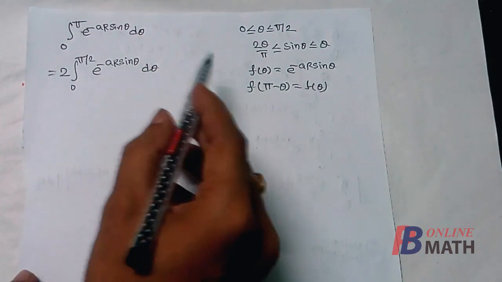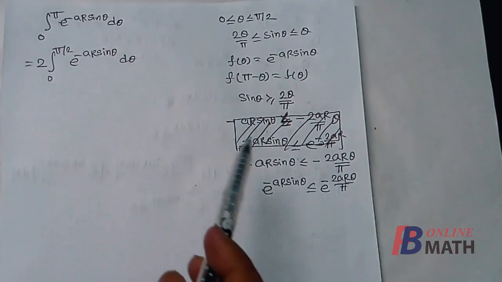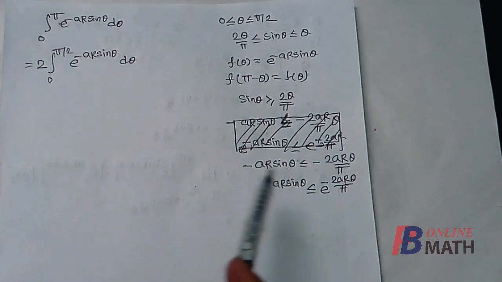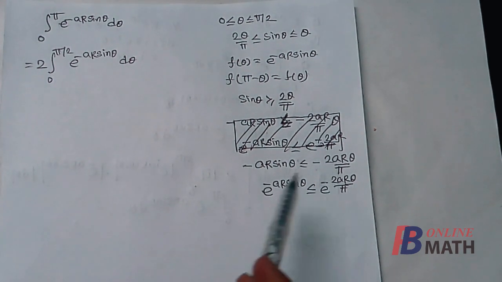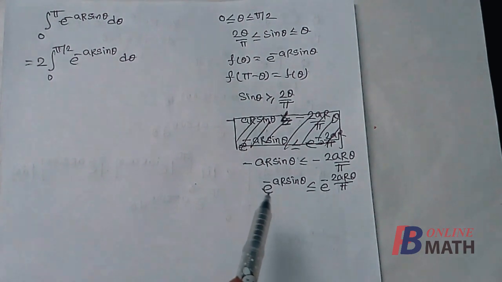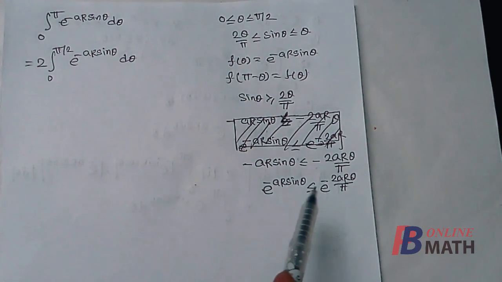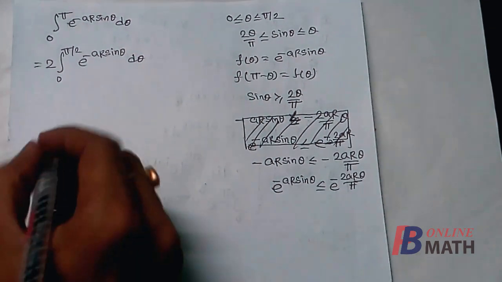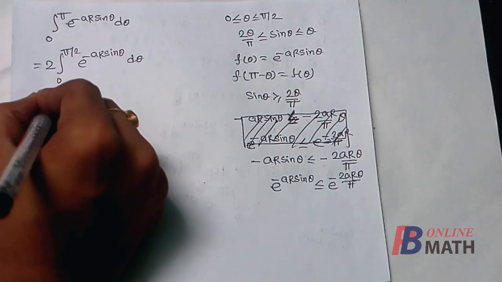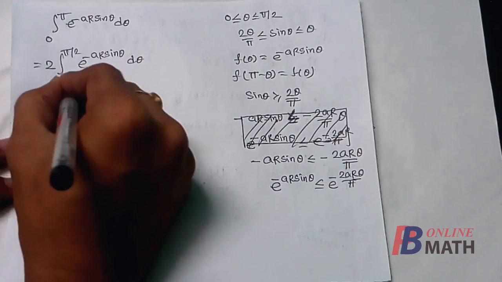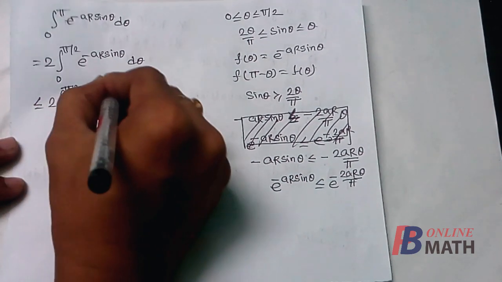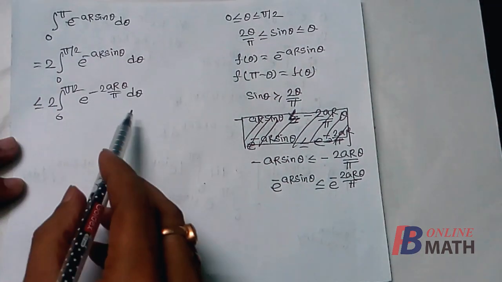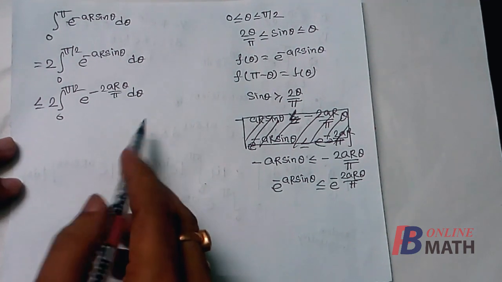Now we can apply the Jordan inequality. We have sin theta greater than or equal to 2 theta by pi, multiplying this by minus a r, so minus a r sin theta is less than or equal to this. Now the exponential function is an increasing function, so the exponential of minus a r sin theta is less than or equal to the exponential of minus 2 a r theta by pi. If we apply this inequality in this integral, we find that this is less than or equal to 2 times the integral from 0 to pi by 2 of e to the power minus 2 a r theta by pi d theta, which can be integrated easily.